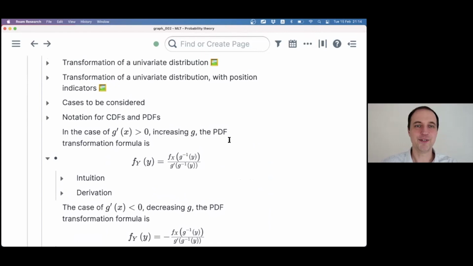And if I didn't get the visualization exactly right, I think I may need to replace that part. But this was an example of where you can use CDFs to say something interesting about PDFs of transformed variables.